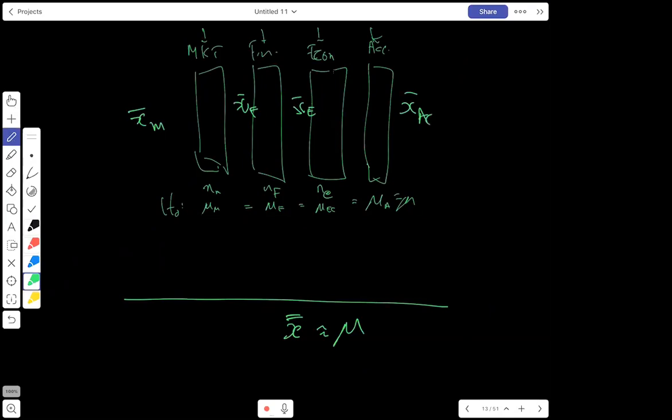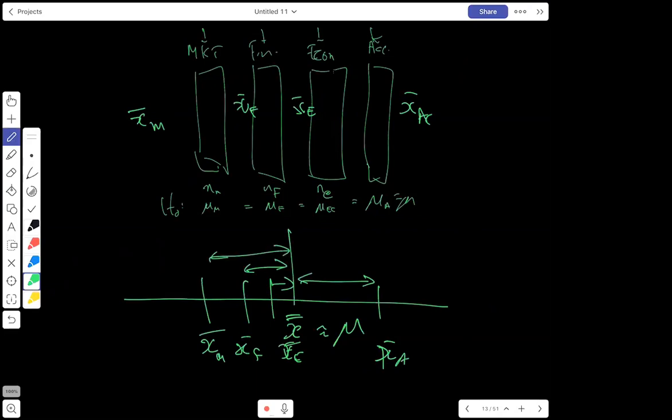Those will be different spots here, for example. So this is our overall mean, and then these are your different means: X bar marketing, X bar finance, X bar econ, X bar accounting. So if they came from that same population, they really should not be too far from that overall mean right here.